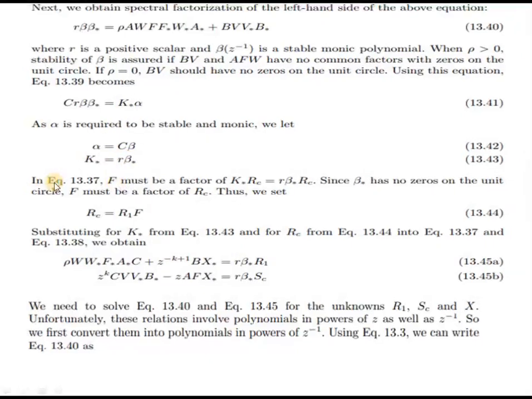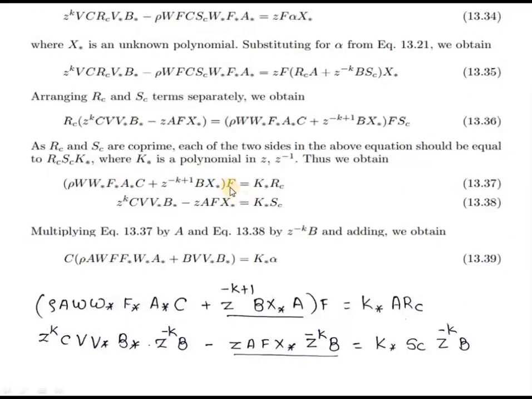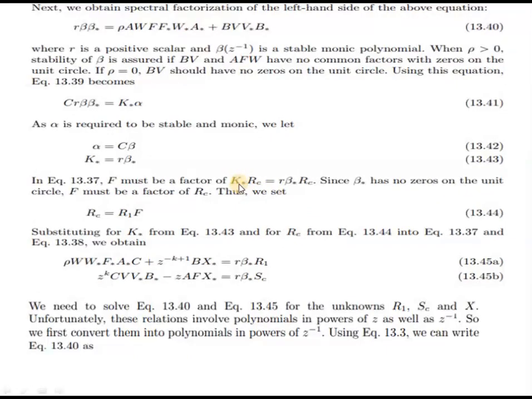Now from equation 13.37 we say that f must be a factor of k star into rc. Here you can see f is a factor of k star into rc, and here we have just put the value of k star. K star is nothing but r into beta star, and we assume that beta star has no zero on the unit circle, but at the start we assumed that f must be a factor, which means f has zeros on the unit circle.